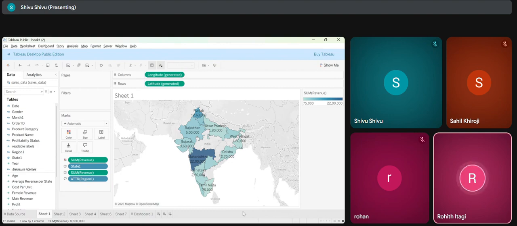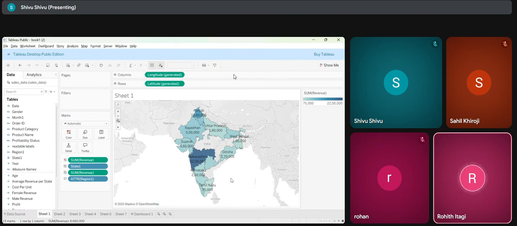In sheet 1 you can see that the color intensity and labels highlight revenue figures for specific states. Here we can clearly understand that the significant states are marked in color intensity, and you can immediately see the difference in performance.